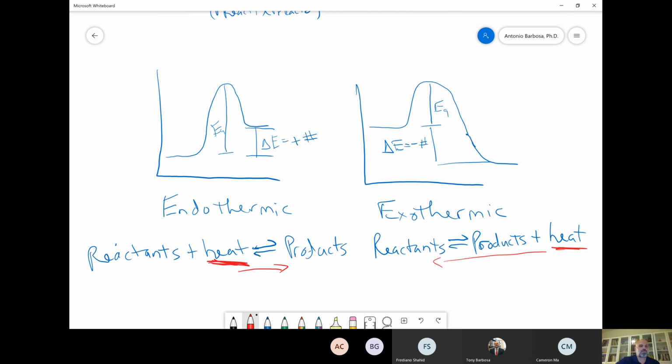And obviously, the same thing goes whenever you place a stressor or add reactant to the left-hand side, it's going to shift towards the products. Or if you take products away, it's going to shift towards the reactants. That's just for all the reactions. If you add extra reactants, then the equation has to shift to the right. Whenever you add products into the reaction, you're always going to shift to the left.